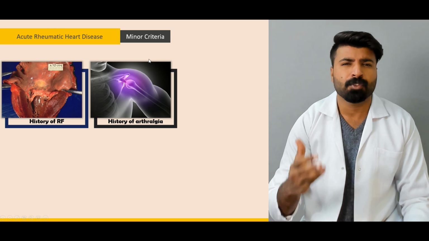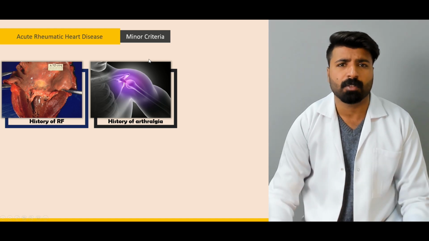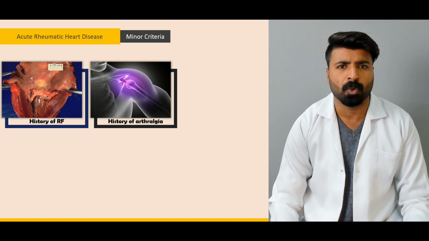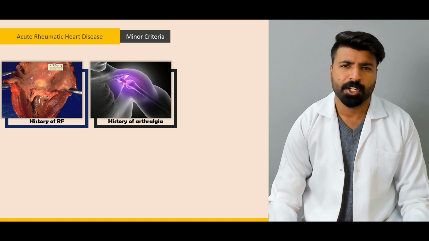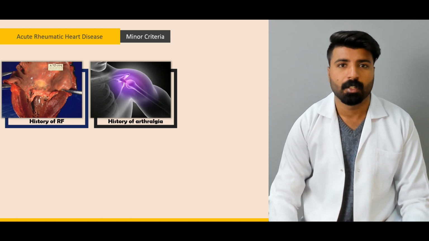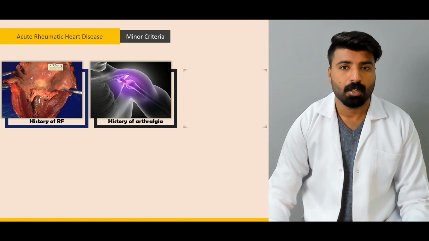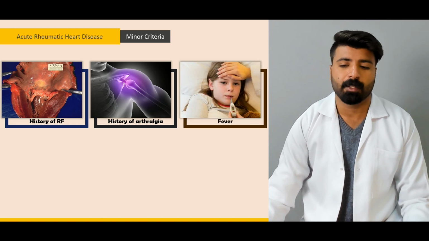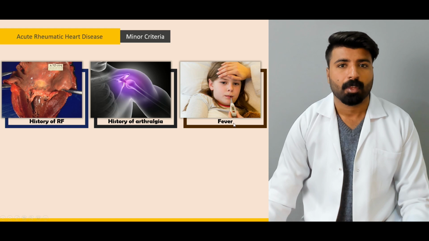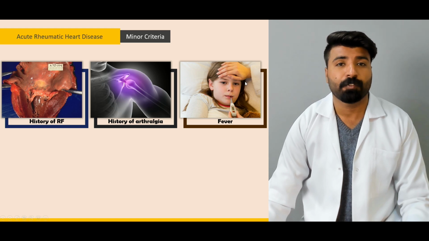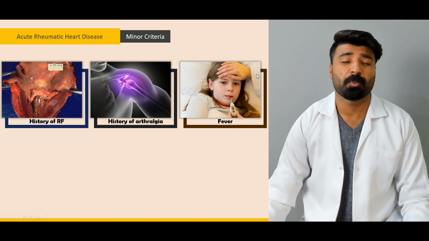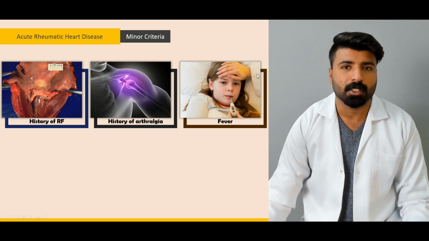So, if the patient gives you a history that yes, I did have rheumatic fever like 4 years ago, did you have joint pains? Did you have arthralgias? Yes, I did. 2 of these minor criteria fulfilled. Now, what's the third of them? Third is fever. Now, you should be thinking fever should be in the major criteria.